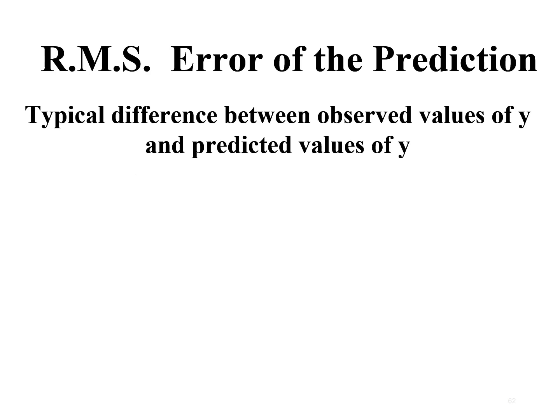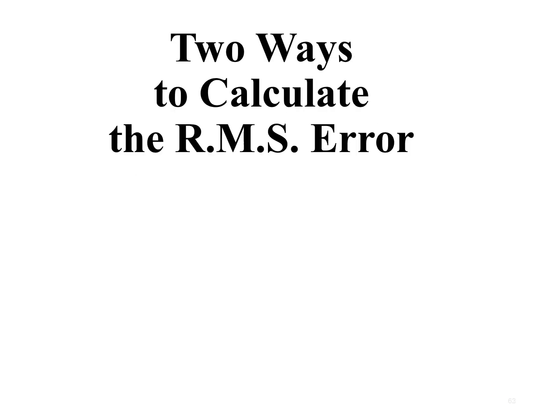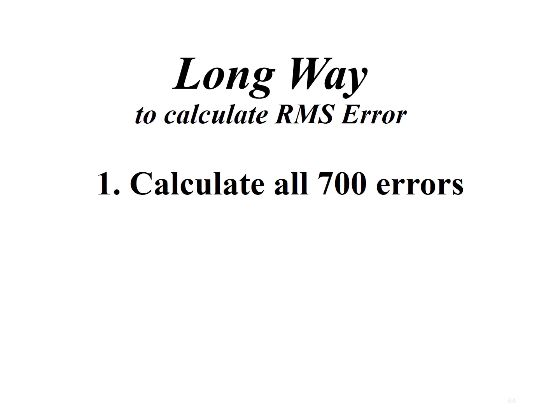So we talked about root mean square error of the prediction, which is the typical difference between the observed value of Y and the predicted value of Y. We talked about how to calculate RMS error, and there are two ways. The first way is the long way. In the example that we gave last class, we had 700 participants in our data set.